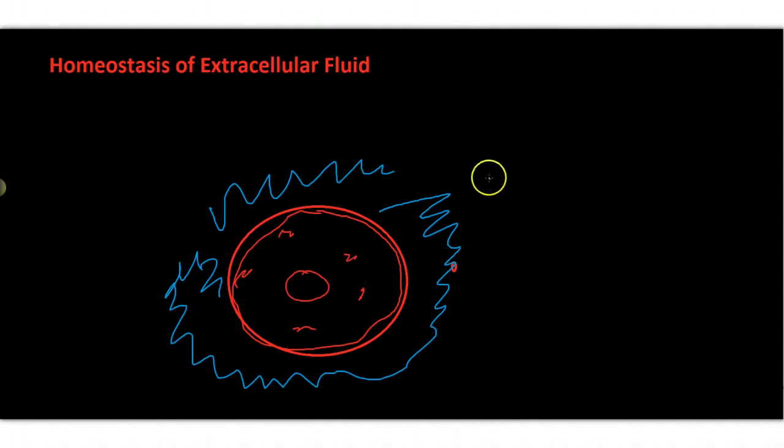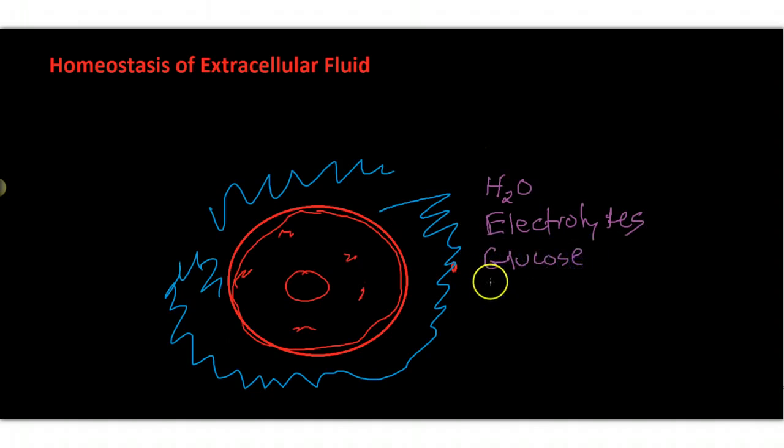So we have H2O, electrolytes, and glucose, and dissolved oxygen, and dissolved carbon dioxide, and proteins. Okay, these are all things that are surrounding the cell.